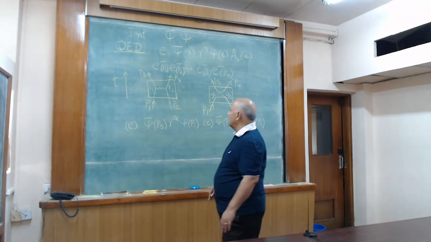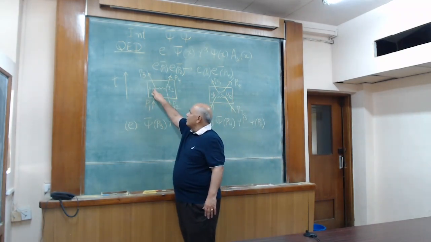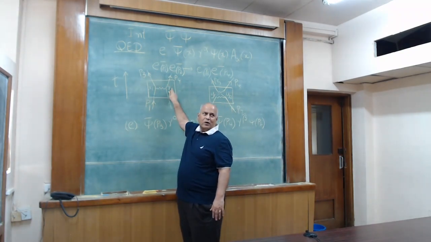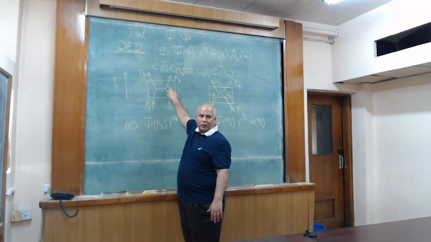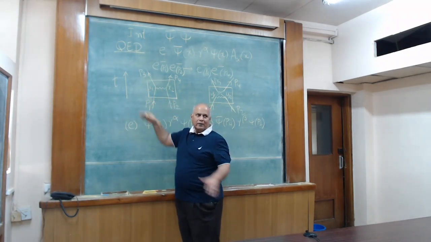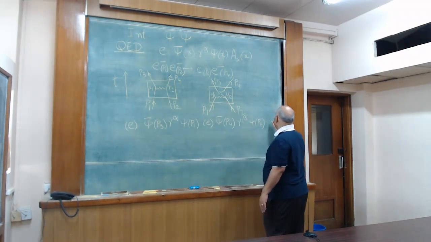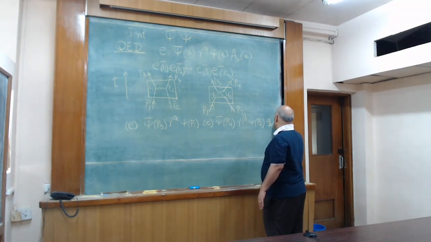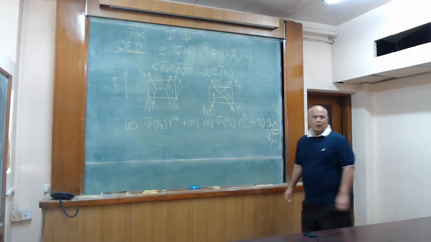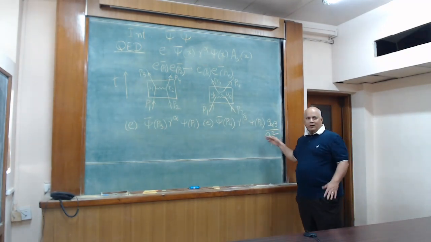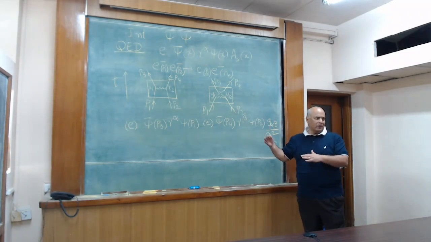And that is the probability of a photon being emitted here, absorbed here, plus a photon being emitted here and absorbed here. If you add those two, you get g_αβ by Q photon squared. By this I mean energy squared minus momentum squared.